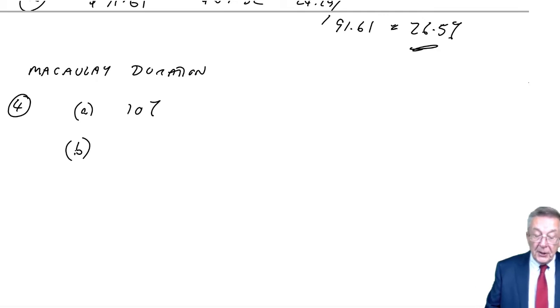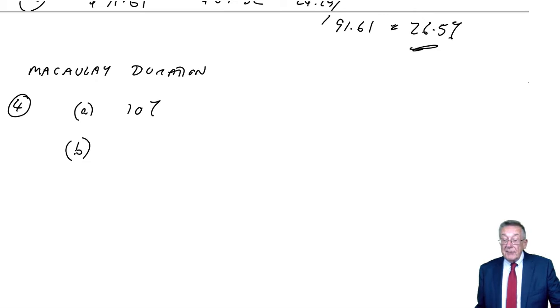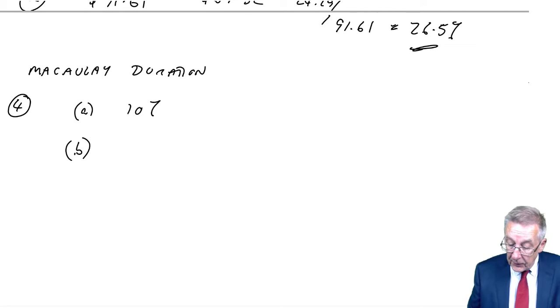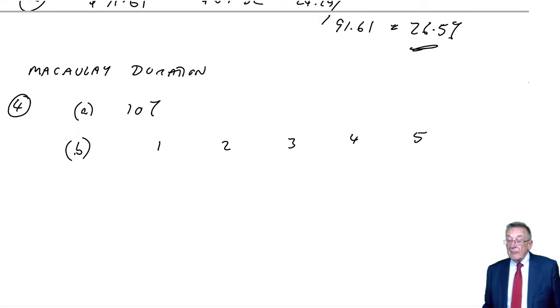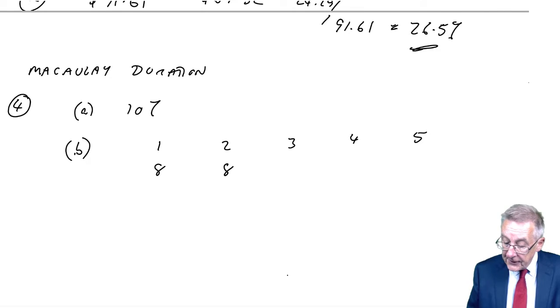However, more importantly for what we're doing, it then asks for the Macaulay duration. And what we do is this. We set up the future receipts just as we did before. So 5 years. On $100 nominal, there's $8 a year interest.